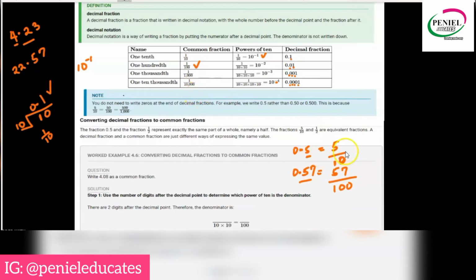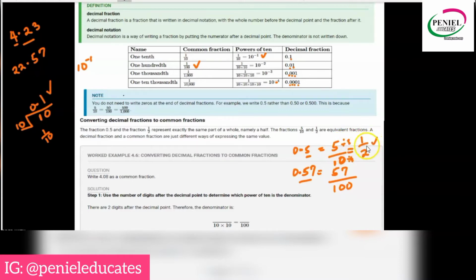So the fraction 5/10, if you look at the equivalent fraction, you divide this one by 5 and this one by 5, and it gives you a half. That's the simplest form, so the equivalent fraction is this.